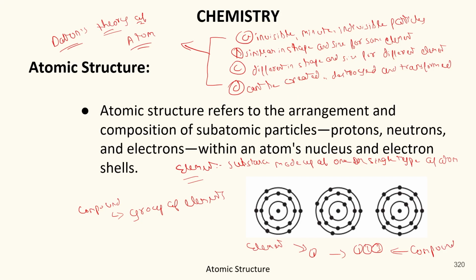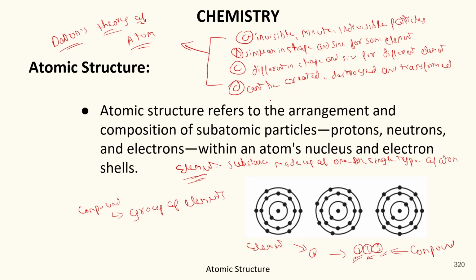So we say in one element, atoms are same in shape and size, whereas for different elements like 1, 2 and 3, atoms may be different in shape and size.